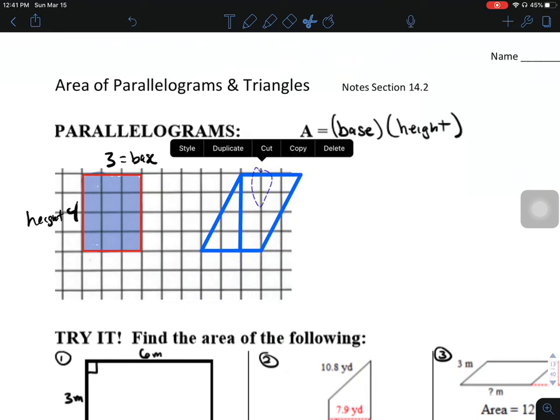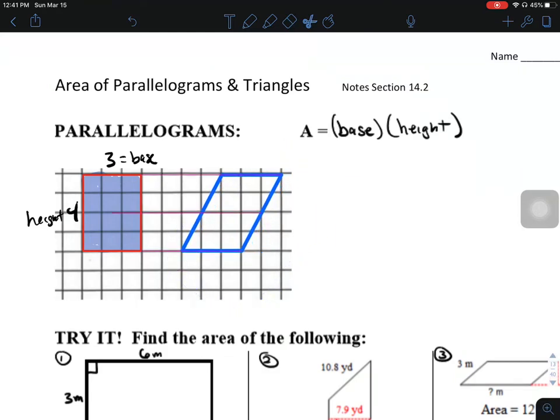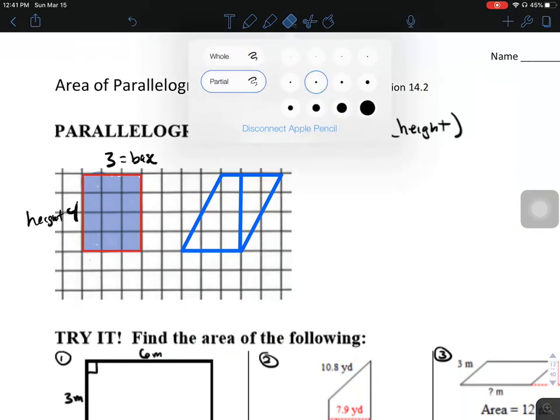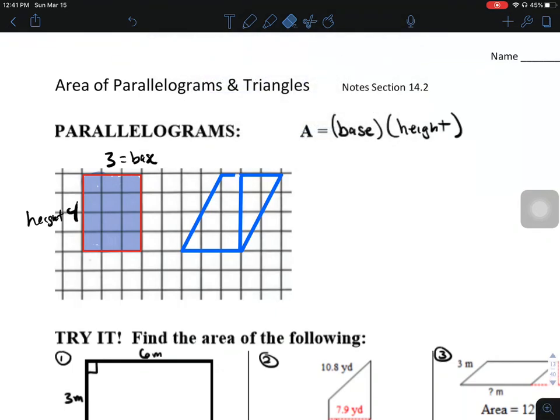Now what I'm suggesting is that this shape here has the exact same area as this rectangle on the left. I'm going to try to prove it to you. If I connect these like so, and I just break this apart so I can move it.